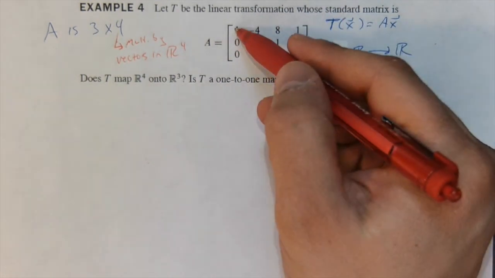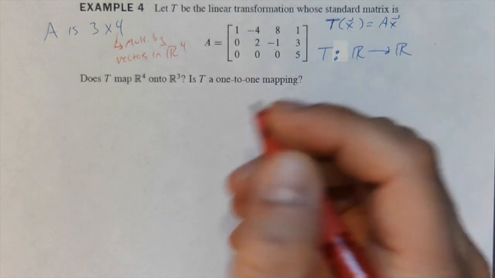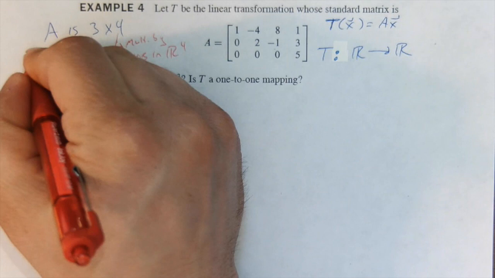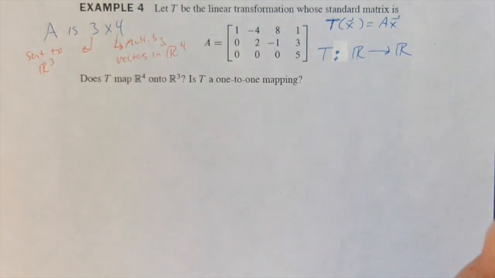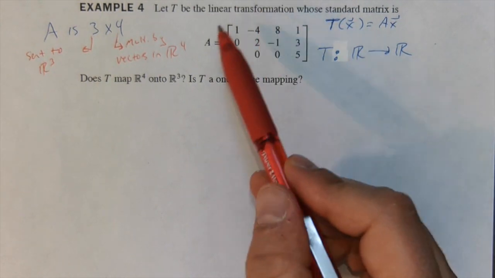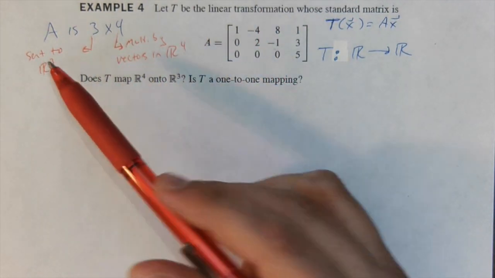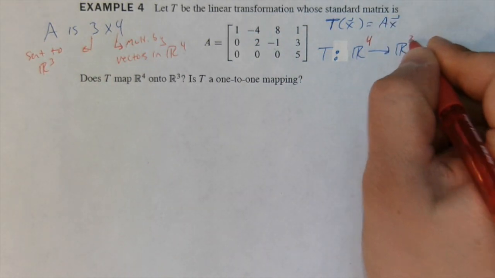And then, since it has 3 rows, that means the result ends up being 3 by 1, right? So this 3 tells us that things are sent to R^3. And so just looking at the dimensions of the matrix, we see that things get sent from R^4 to R^3.